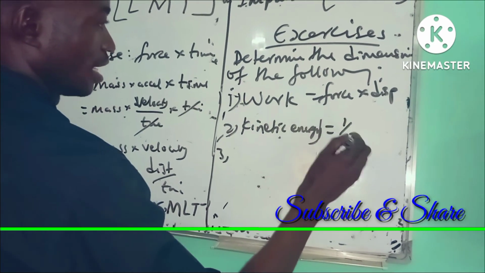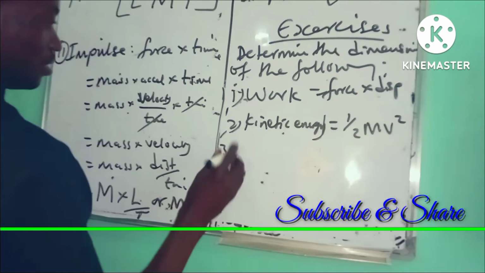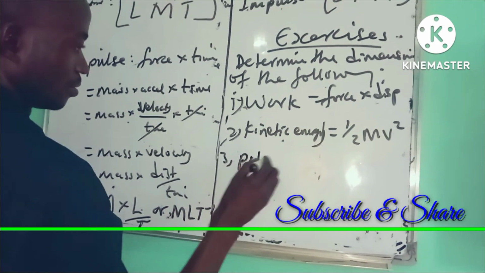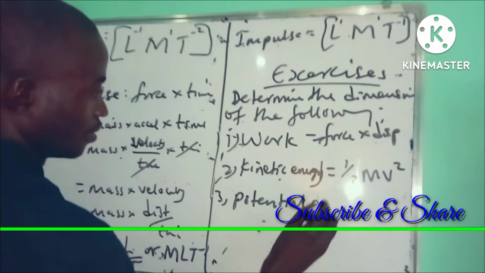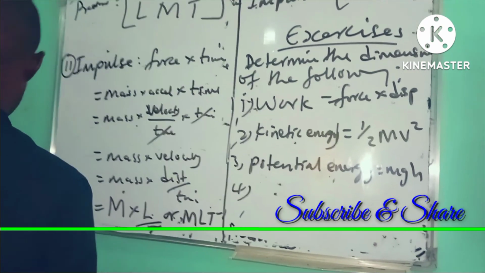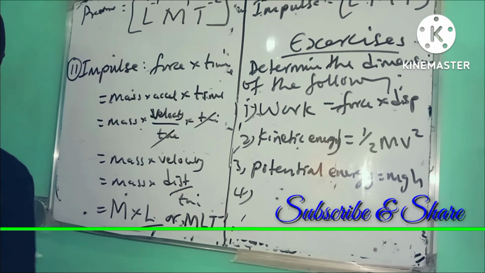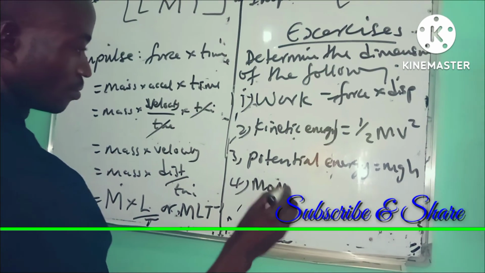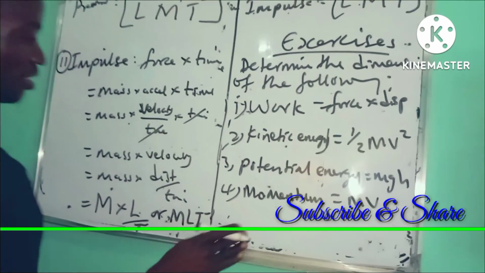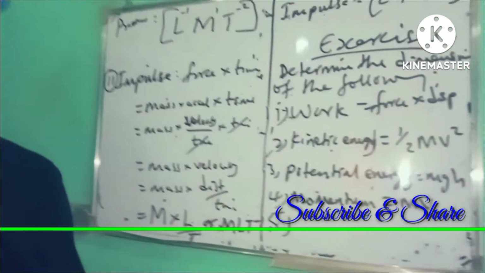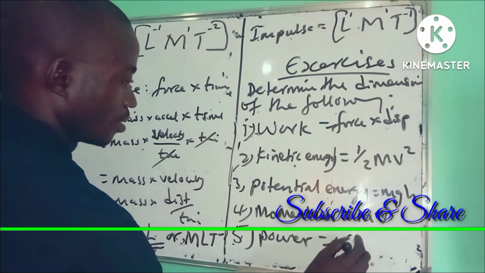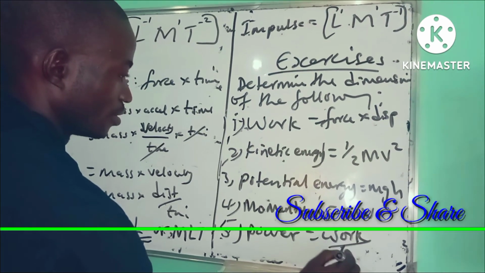Then kinetic energy is half mv squared. Then the next one is potential energy, mgh. Fourth, we have momentum, which is mass times velocity. Then fifth, we have power, which is work upon time.